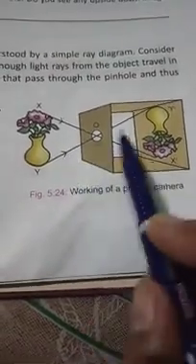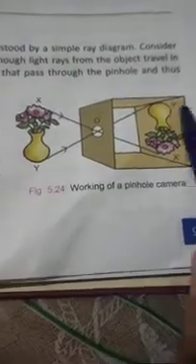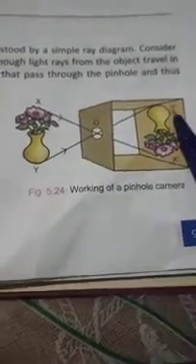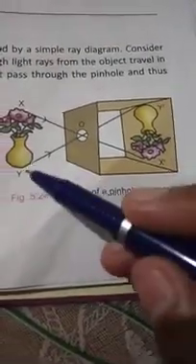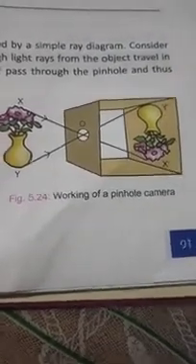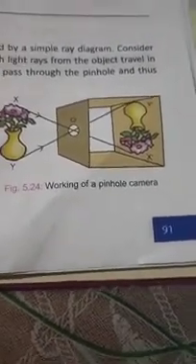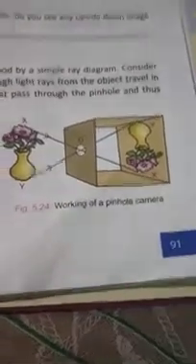Now while passing through the pinhole, the light rays intersect and cross. And thus the final image X dash Y dash is an inverted image. That's because the light rays cross each other, so an inverted image will form here. Understood? It is a very simple camera, you can make it at your home and see.